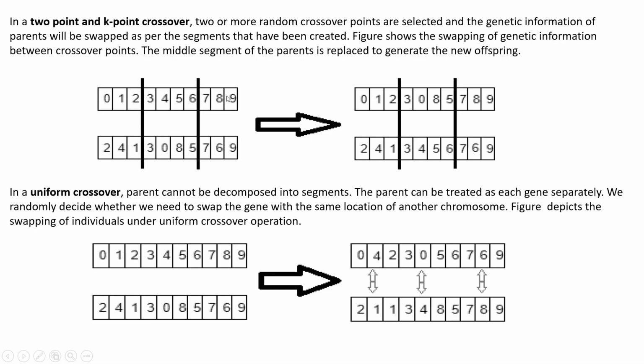So you swap out this part: 3, 4, 5, 6 swapped out with 3, 0, 8, 5. So this middle segment of the parents is replaced to generate the new offspring. These are the new offsprings, and these are the parents. Just swapped out the middle part. So if there are k such points, you can swap out k minus 1 such parts.